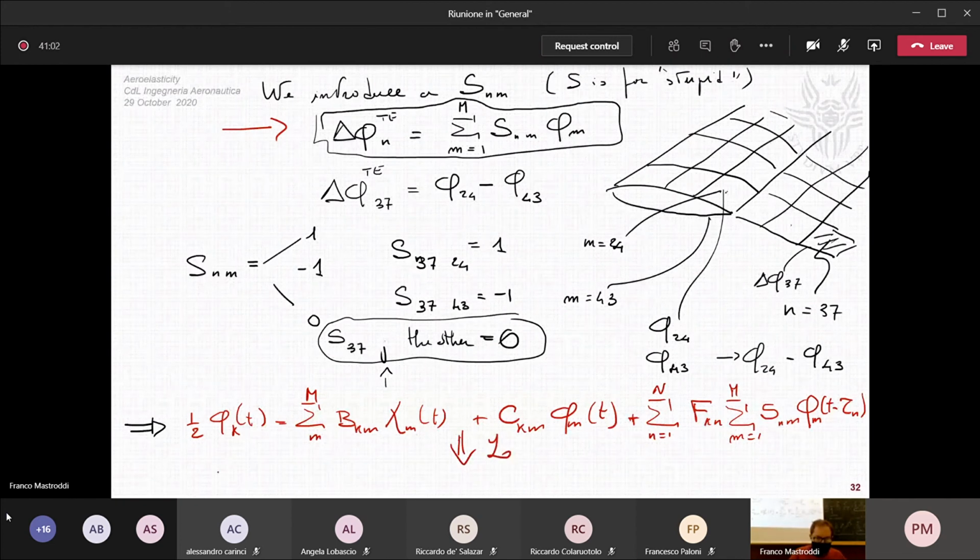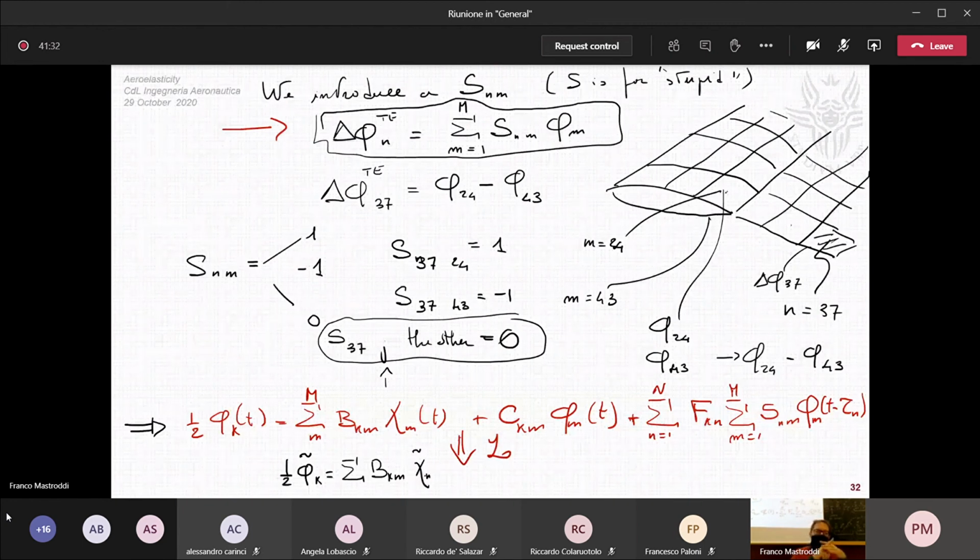We have 1/2 phi tilde_k, the Laplace transform of the velocity potential in the panel k, equal to the summation of b_km, the Laplace transform of the unsteady input boundary condition in any panel.